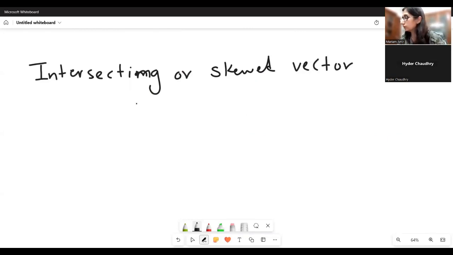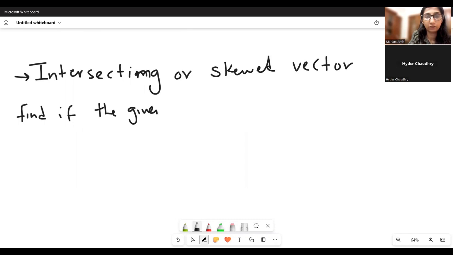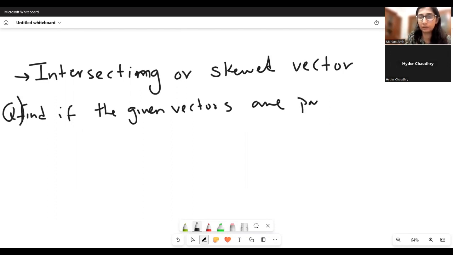So the question is, find if the given vectors are parallel, intersecting, or skewed.